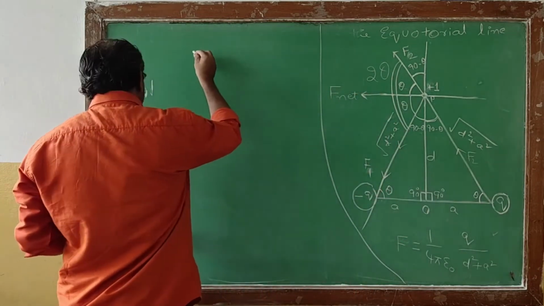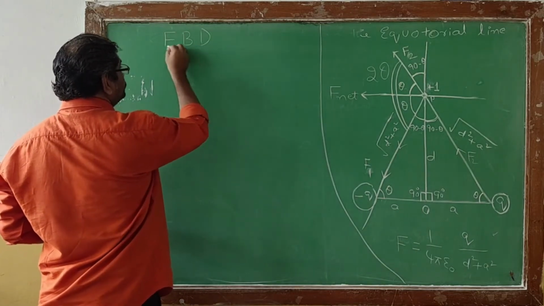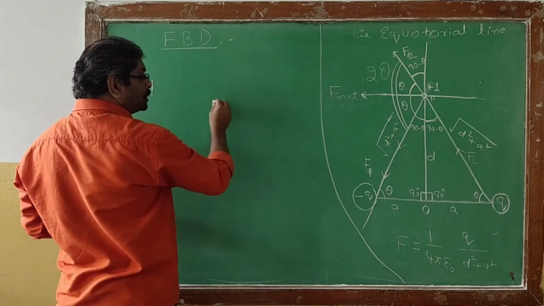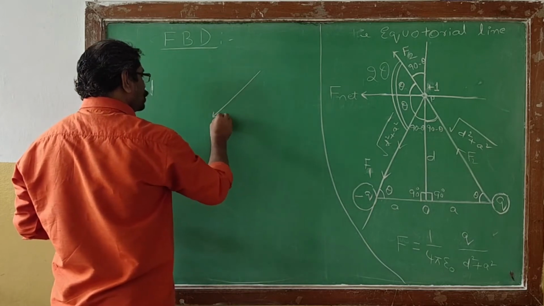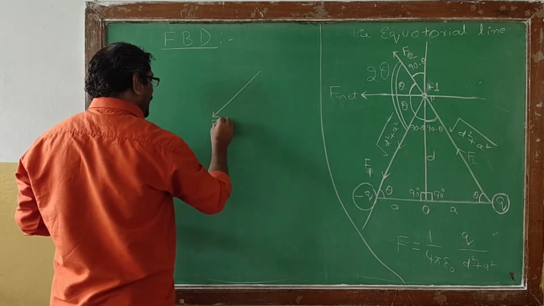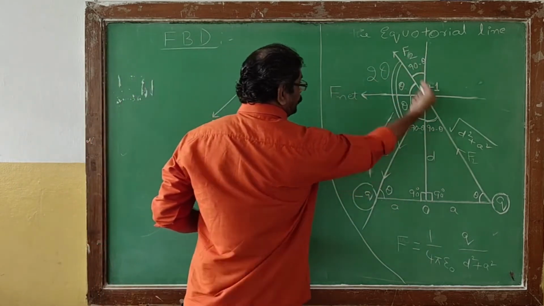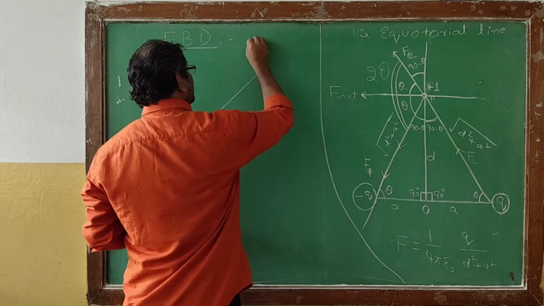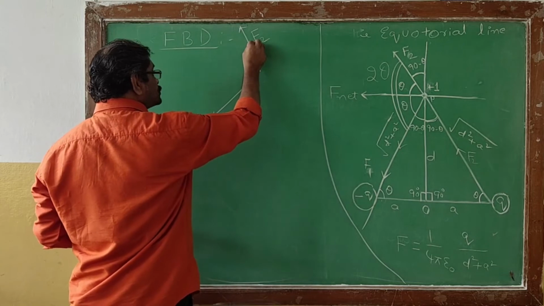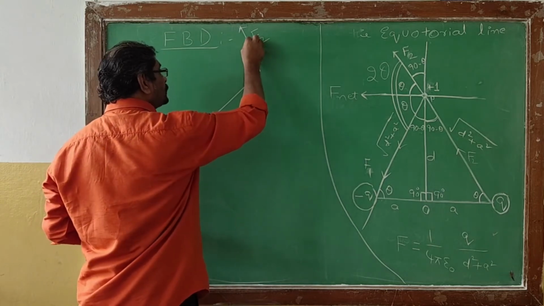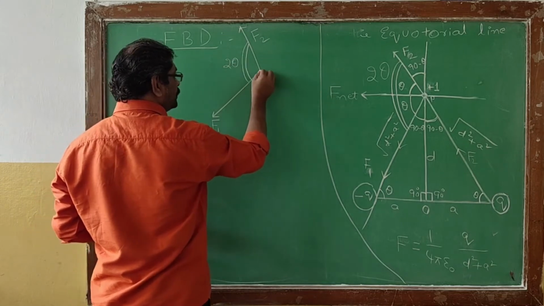So if I draw the free body diagram, we can clearly see F1 will be acting in the downward direction and F2 will be pointing in the upward direction, and you also know the total angle between them will be 2 theta.